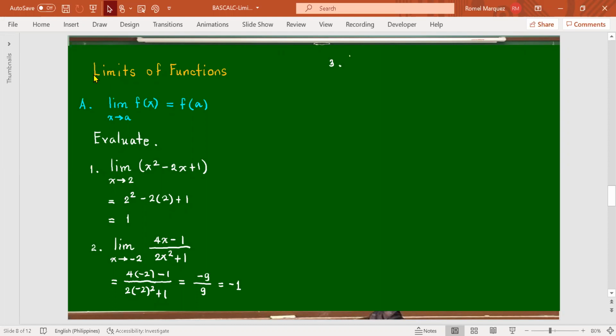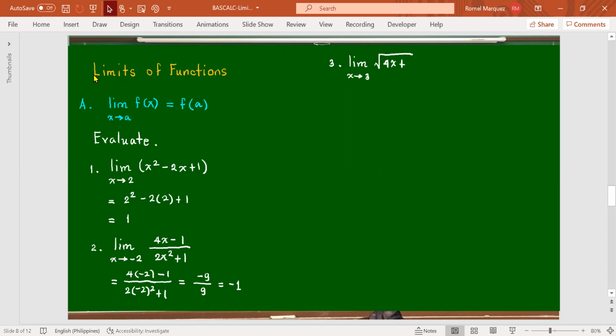Okay, number 3. If I have the limit as x approaches, for instance, 3 of the square root of, although this is not rational, it is a radical. But let's see if we can apply direct substitution here.